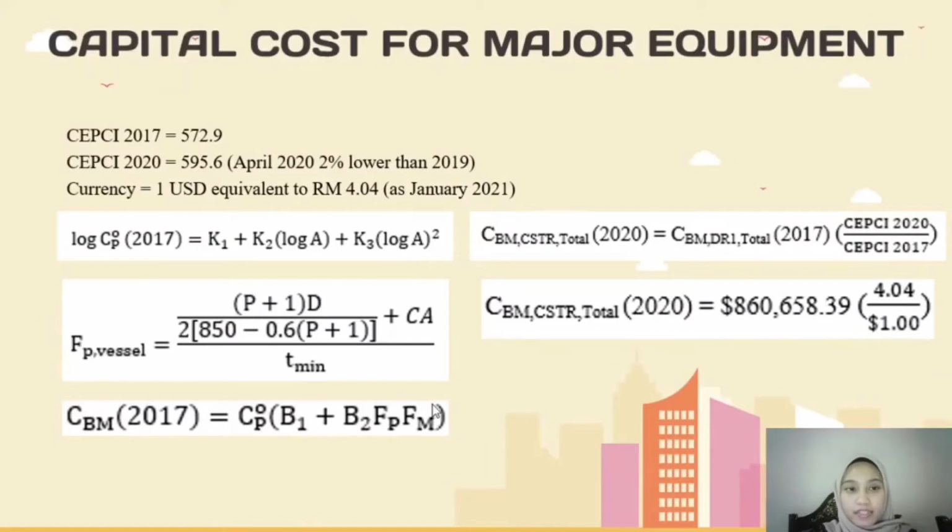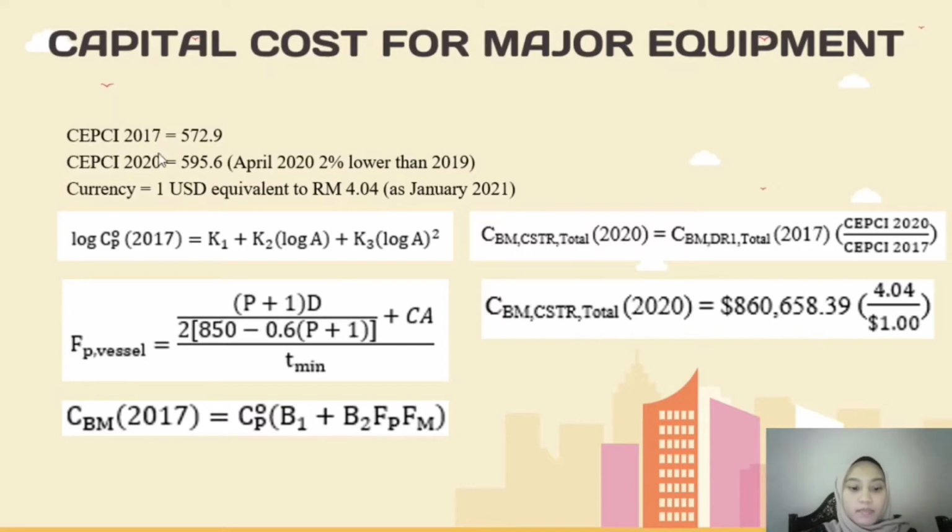Assalamualaikum, I am Anissa. Now I will continue with the capital cost for major equipment. So, the main equipment that we use are continuous stirred-tank reactor, cyclone, distillation column and heat exchanger. Below are the CEPCI values for year 2017 and year 2020. CEPCI stands for Chemical Engineering Plant Cost Index, used to adjust process plant construction costs from one year to another.